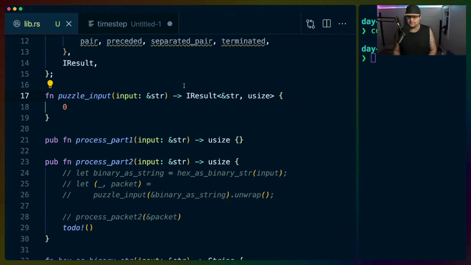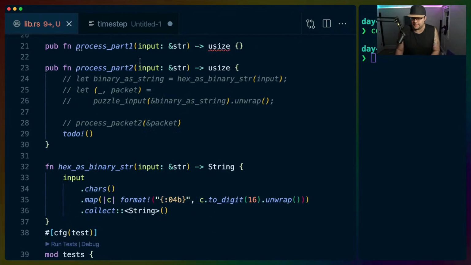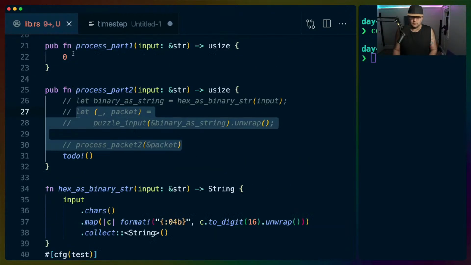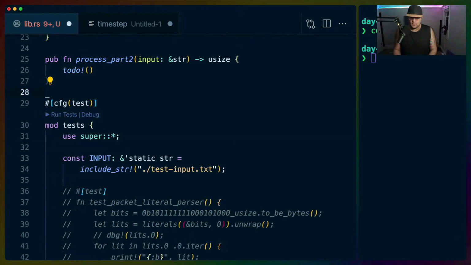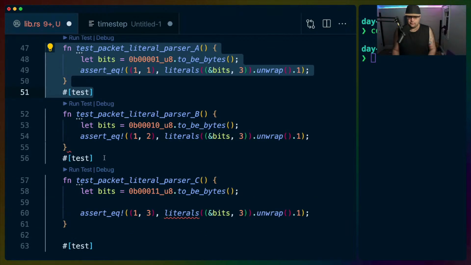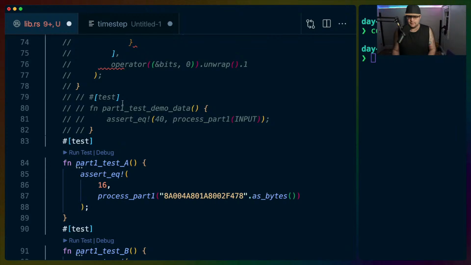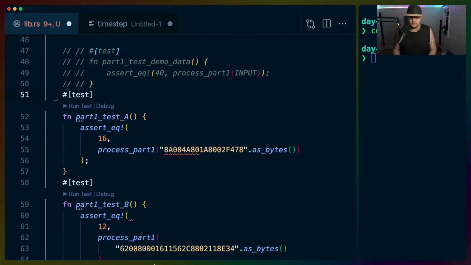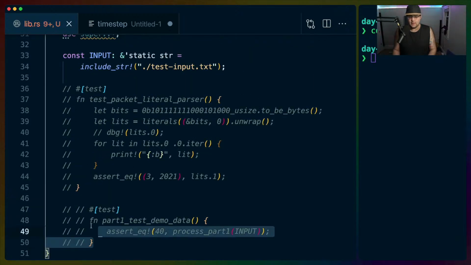This is not a tuple. And this is going to go back to bytes. This can be 0. Hex says binary string, get out of here. And then puzzle input, all of this stuff, operator test. Get rid of all of my other tests for the parser. We did a ton of tests for the parser.